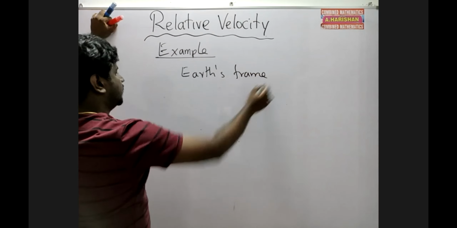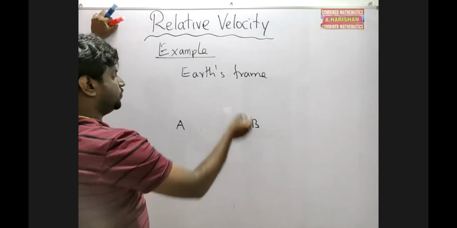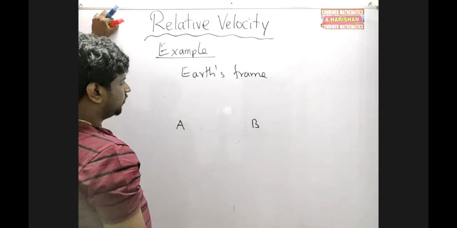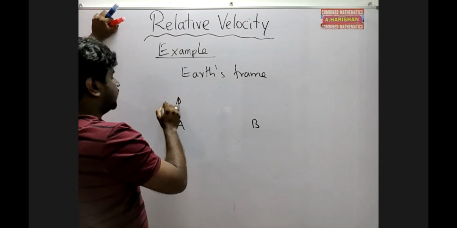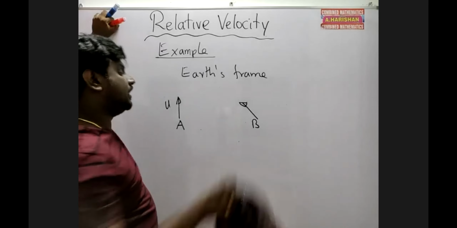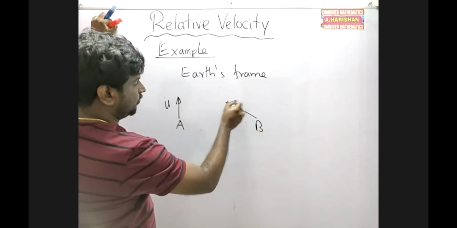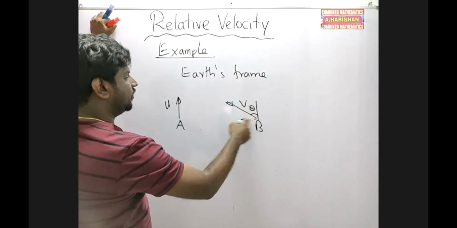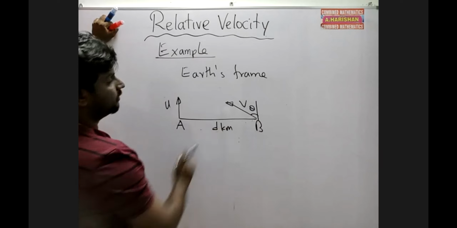In the Earth frame, there is a ship A, there is a ship B. Ship A goes with the velocity U, ship B goes with the velocity V, at angle theta to the vertical or horizontal, whatever. So there is a gap, D kilometer maybe.